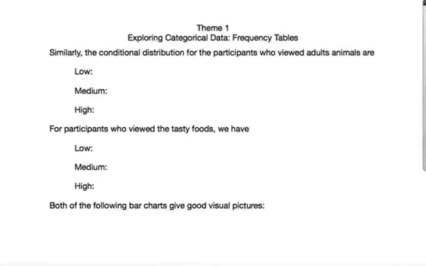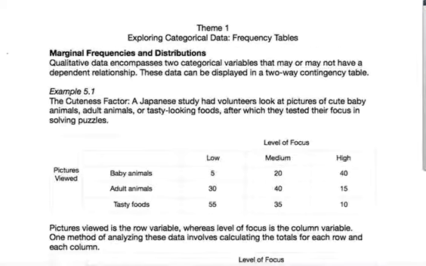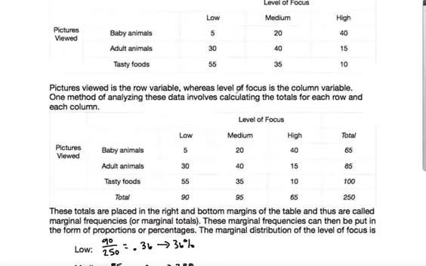Similarly, we're going to do the same thing for the conditional distribution for the participants who viewed adult animals. If you go back to our table that had our totals on it, each one of these levels is going to be over 85. For low level of focus, there would have been 30 out of 85. For medium, there would be 40 out of 85.